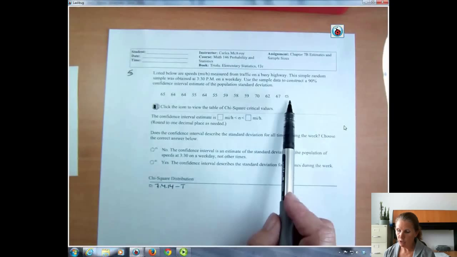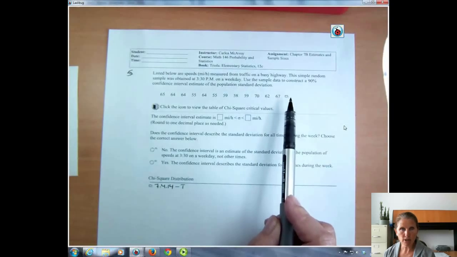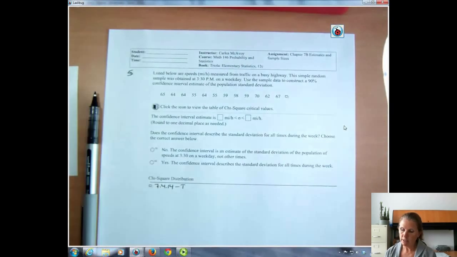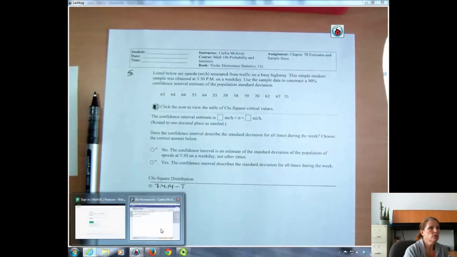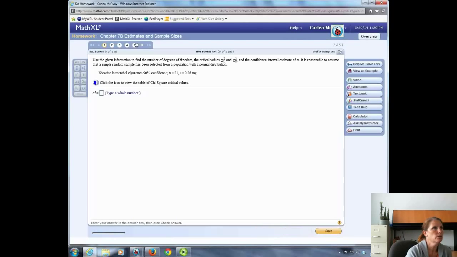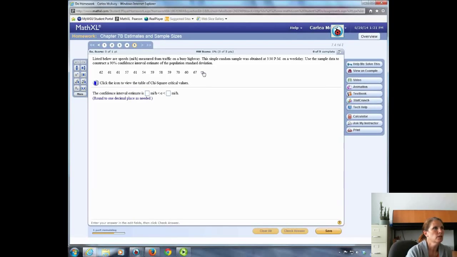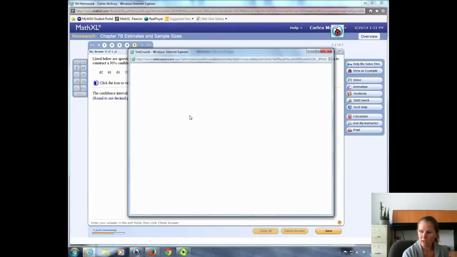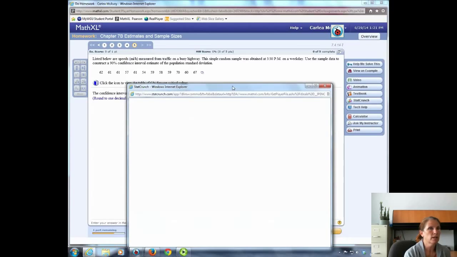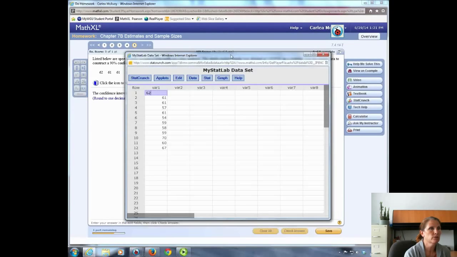And so you can click on it and do it right there in MathXL, in StatCrunch. If you've forgotten how to do that, maybe I can pull that up really quick. Number 5, click here, open in StatCrunch. This is not the same data that I have, so I can't use it for this particular problem, but you could when you're doing yours. So here's our thing.